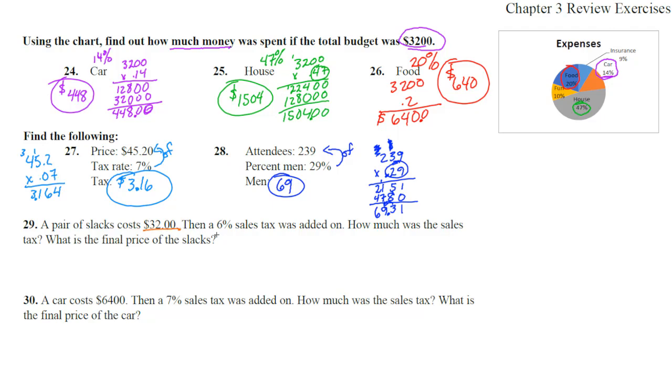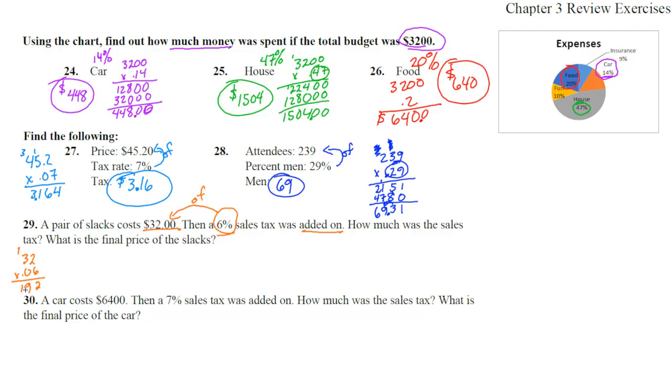Cost $32 and there's a 6% sales tax. So we're going to take 6% of 32, like what we did in 27, and then it was added on. How much sales tax? And then what's the final price? So sales tax, we're going to take $32 times 0.06. 6 times 2 is 12. Carry the 1. 6 times 3 is 18, plus 1 is 19.